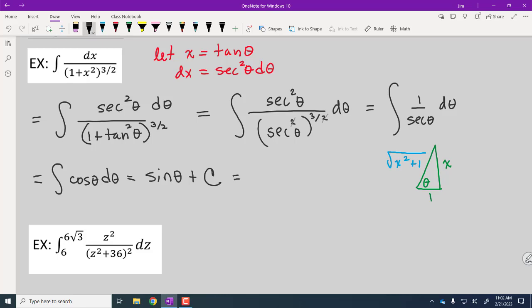And what is sine of theta? x over the root. It's opposite over hypotenuse, so that's x divided by the root of x squared plus 1, plus constant. And now we've gotten back to the x's.